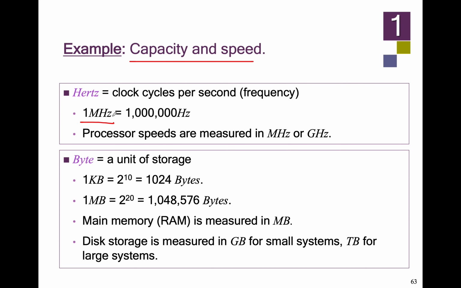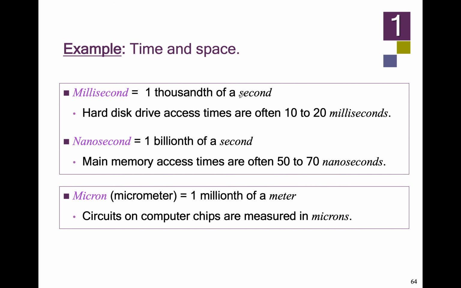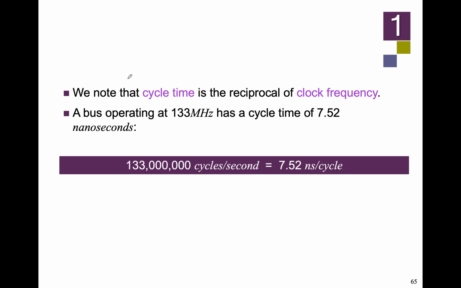You can see we are given only this, which is 1 megahertz. So what is basically 1 megahertz? You need to convert the units. Similarly, byte is normally referred to as a unit of storage, hertz for clock cycles per second or frequency. And a millisecond is 1,000th of a second. Nanosecond, what is the mini, which is time and space. So this is all example only, you can go through and take a look in your notes that are provided.